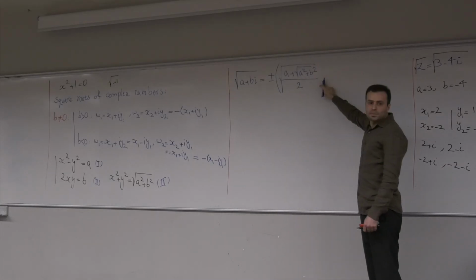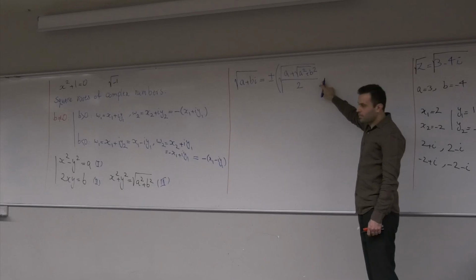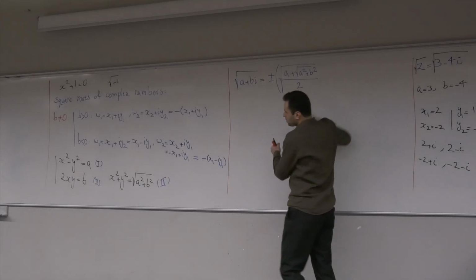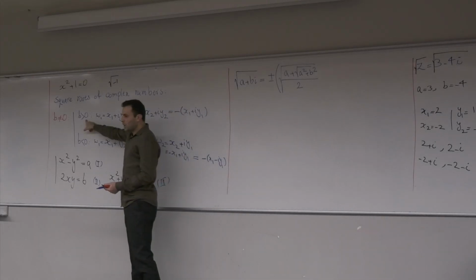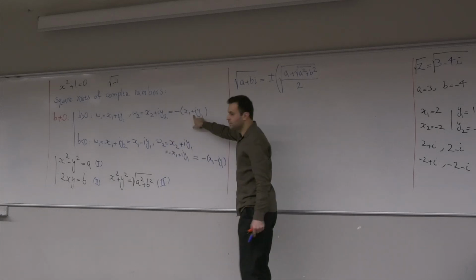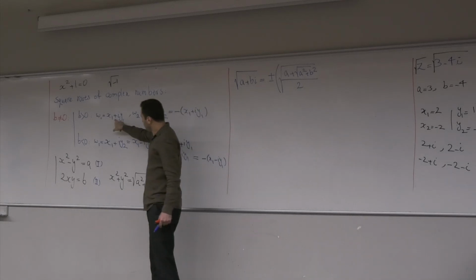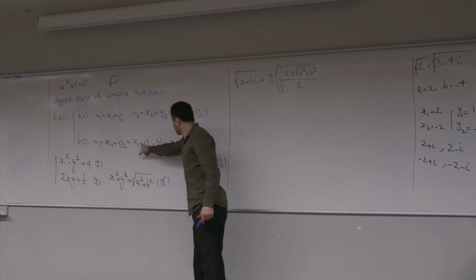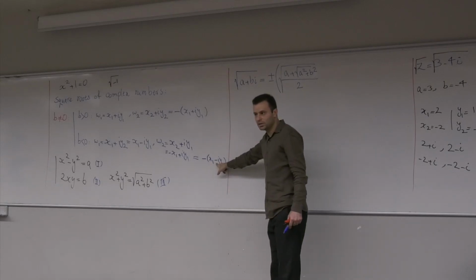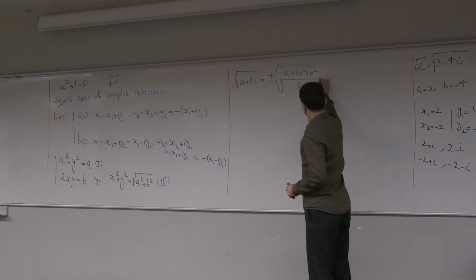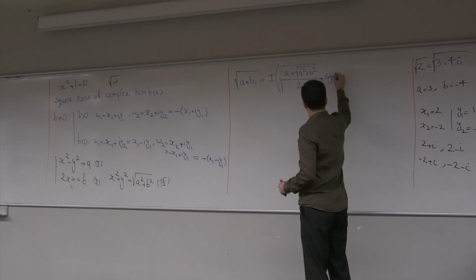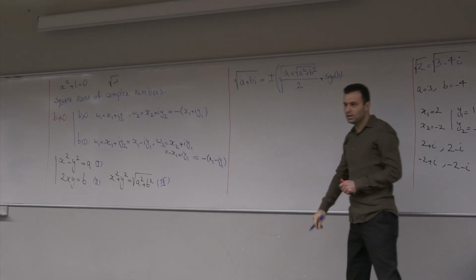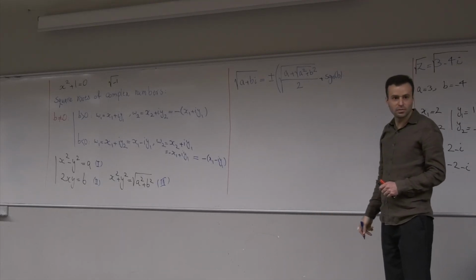Am I going to write a plus here or a minus here? If you look at this, if b is positive, you're writing a positive. Okay? If b is negative, you're writing a negative sign here. So if I write here the sign of b, is it going to be clear what's happening?